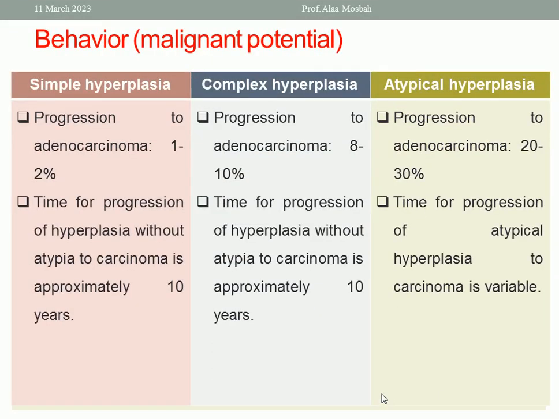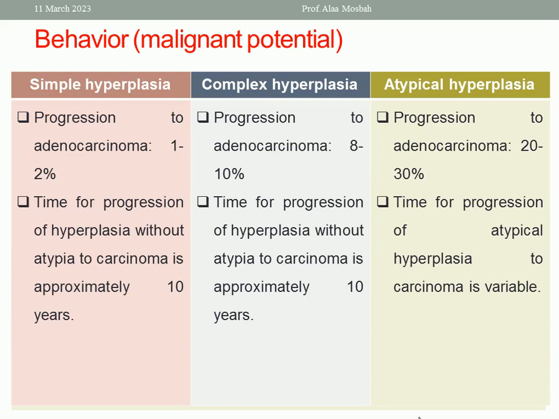What is the malignant potential of each type? In simple hyperplasia, progression to adenocarcinoma is 1 to 2% over more than 10 years. In complex hyperplasia, progression to adenocarcinoma is 8 to 10%, also over a duration of 10 or more years.